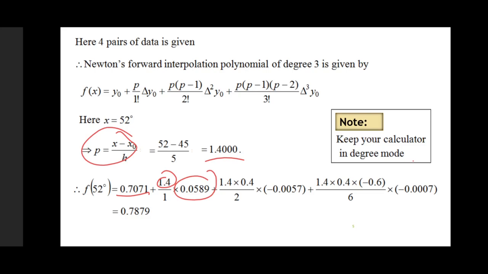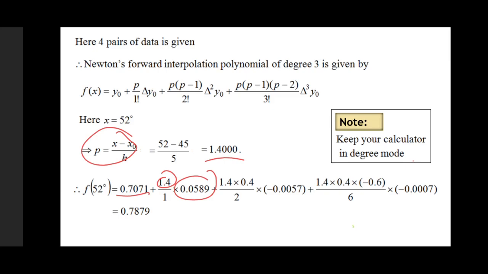Here P minus 1 equals 0.4, and the second forward difference is minus 0.0057. Finally, the fourth term is P into P minus 1, P minus 2 by 3 factorial into delta cubed y naught. P minus 2 equals 1.4 minus 2, which is minus 0.6.